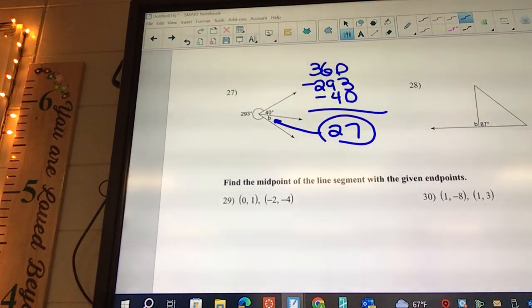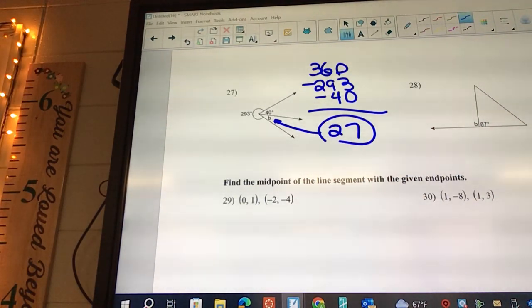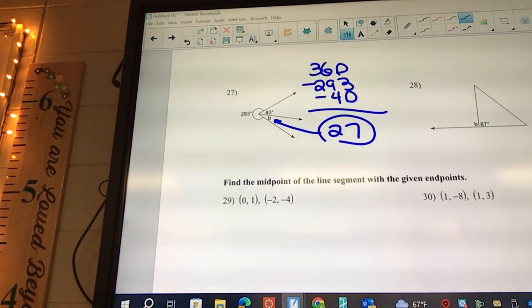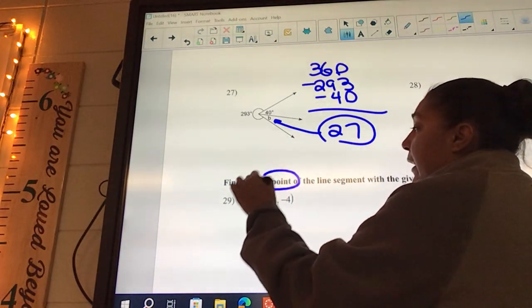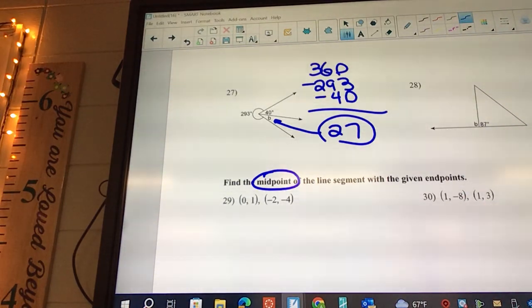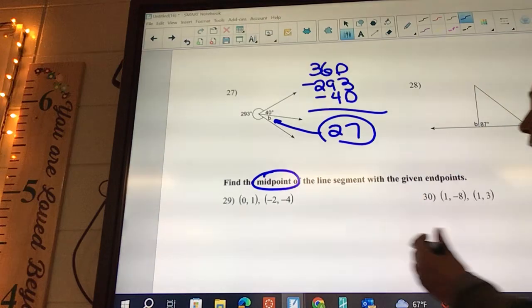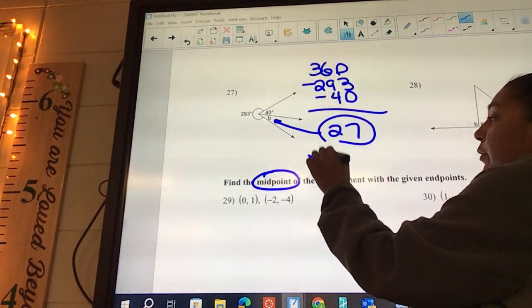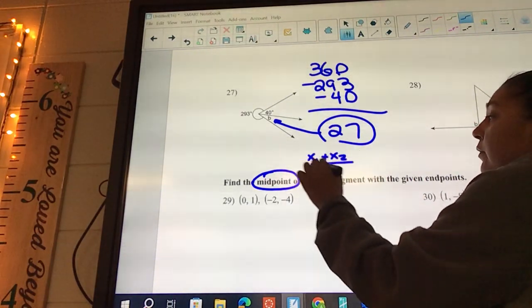Okay, for these next few, you're going to need the formulas. Make sure that you have them on your paper. So, this one, they want you to find the midpoint. I'm even going to go as far as to write the formula twice for the x's and the y's, but you should be able to tell the difference. You're going to say x1 plus x2 over 2.